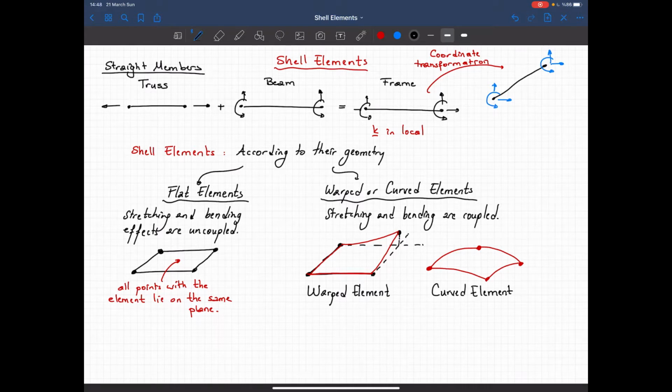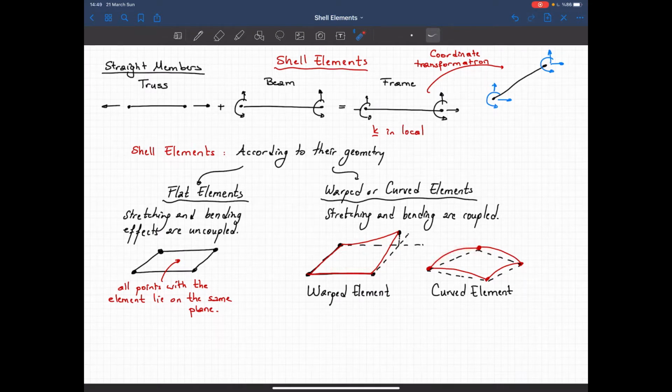Of course, as we can guess, in the warped element, not all the points of this element lie on the same plane, right? One of the nodes lies on a different plane, and when you look at different nodes, we cannot define a single plane that covers all the points in that element, and we have the same issue here.